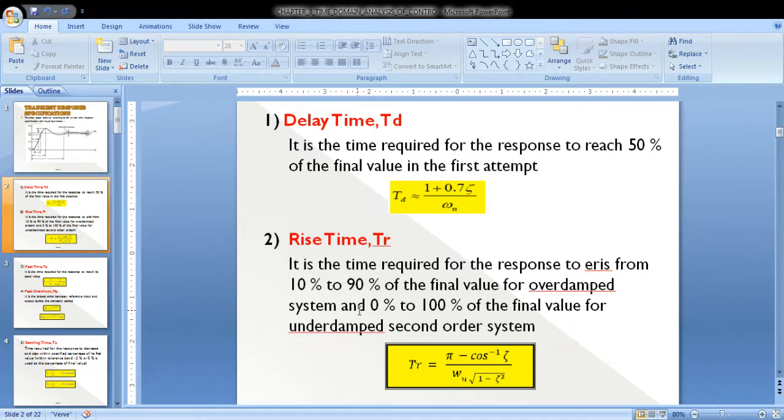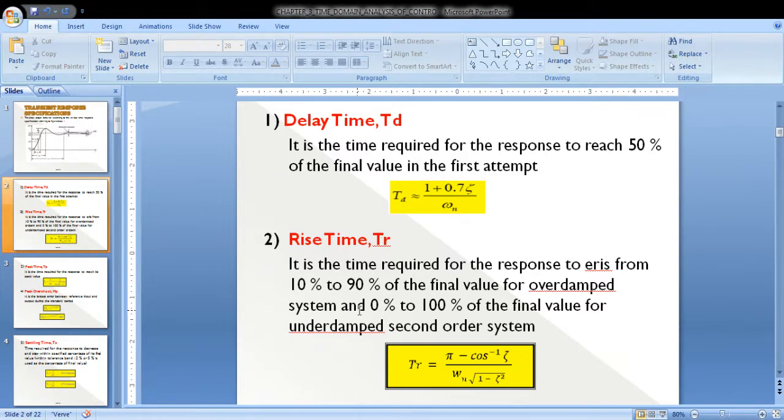These two parameters are most important for second order system analysis. Every time, by comparing your characteristic equation with the second order system, we need to find the values of zeta and omega n. Once you get the values of zeta and omega n, put them into this equation and you will get your delay time in seconds.